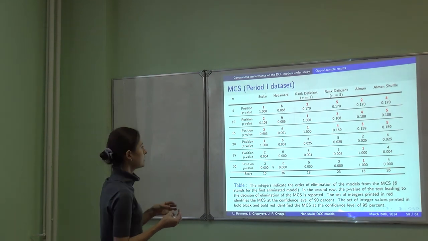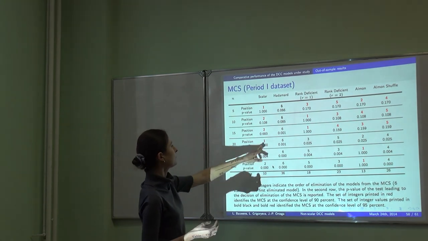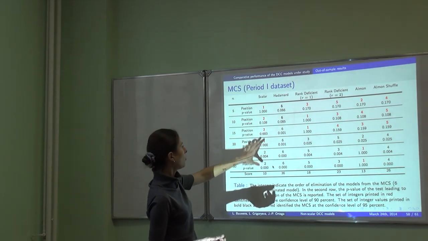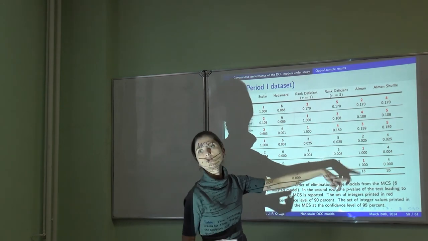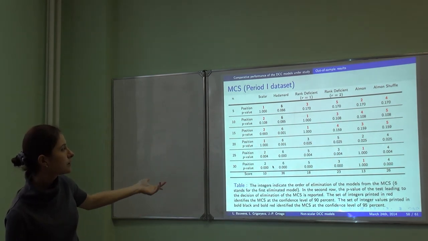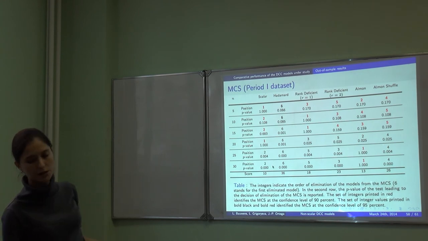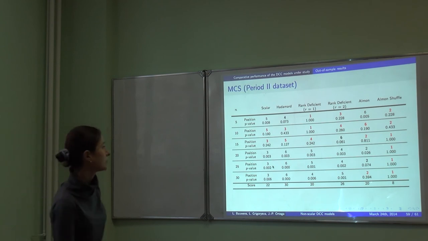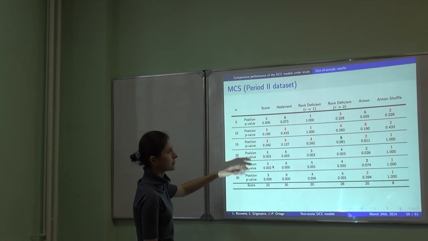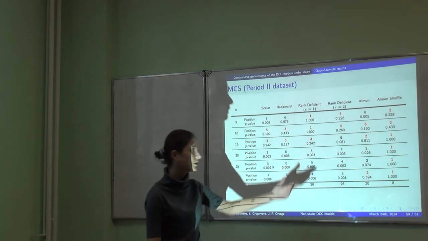In the first period, we see that up to some dimension, the scalar model does pretty well. But when the dimension grows, the almond group starts performing better. This information is useful because it gives you some rationale why not to use scalar models that are so easy to estimate. And for the second period, you can see that the scalar model is not that performing even in low dimensions, but the almond group does pretty well with the growing dimensions.